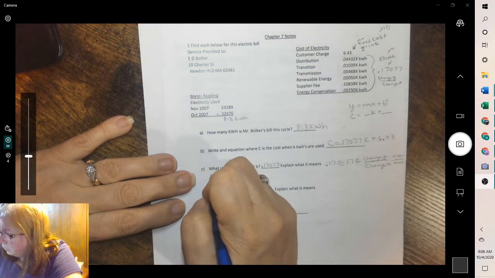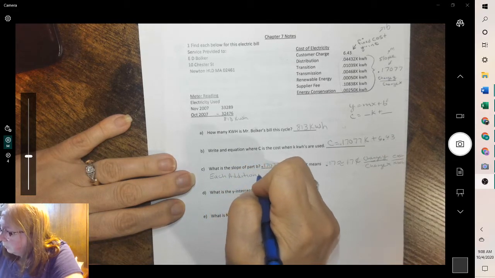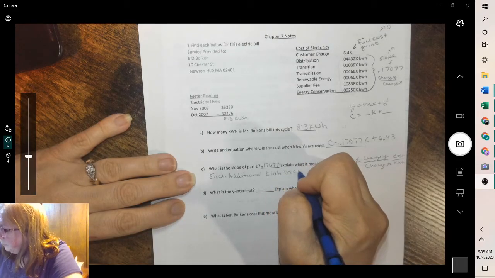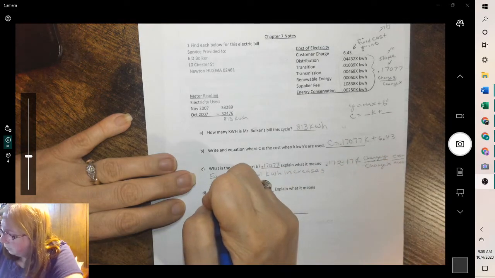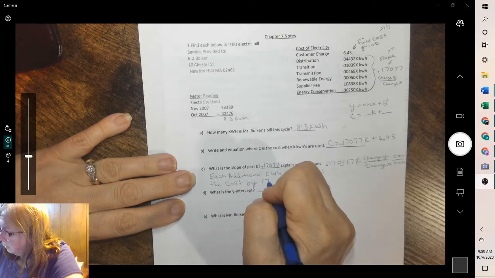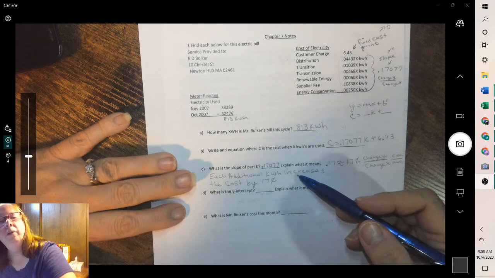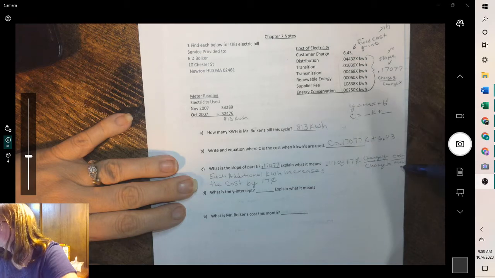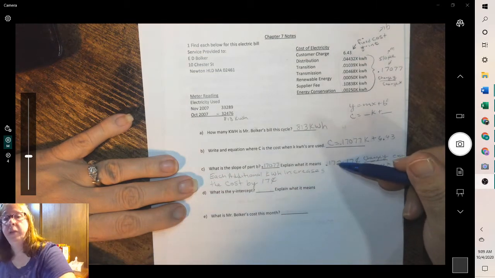So each additional kilowatt hour increases, because the slope is positive, the cost by 17 cents. So each additional kilowatt hour, the cost goes up by 17 cents. So this goes up by 1, this goes up by whatever this is, or if it's negative, it goes down by it.